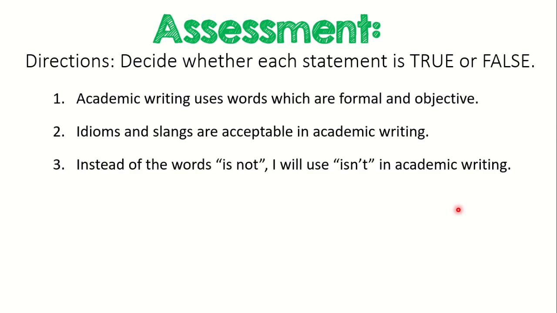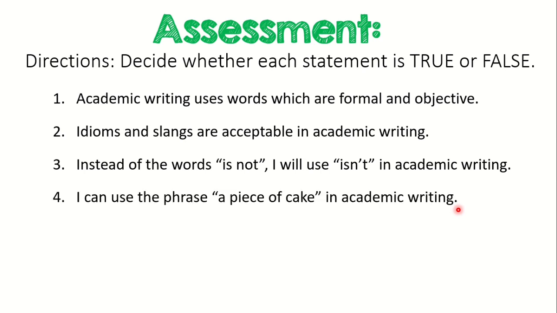Number 3, instead of the words is not, I will use isn't in academic writing. Is it true or false? Write down your answer. Number 4, I can use the phrase a piece of cake in academic writing.